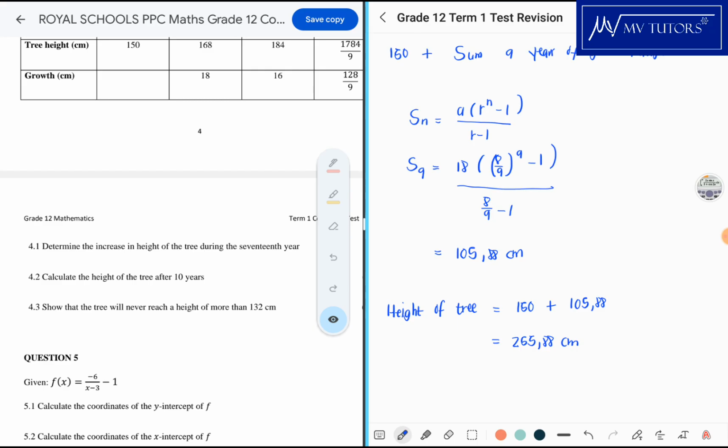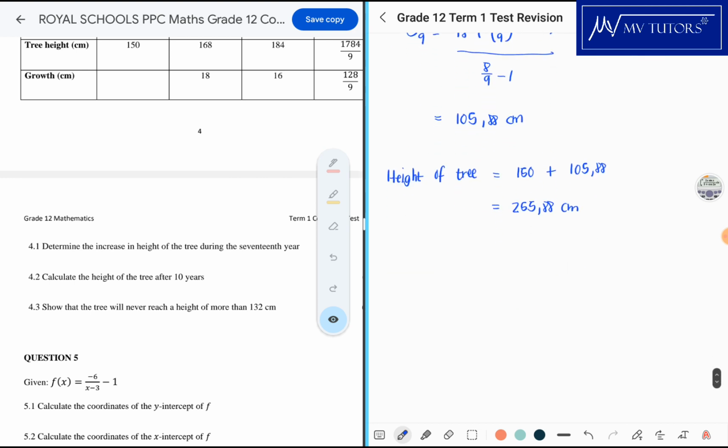As you can see, as the years go by, it's not growing that much anymore. And then now we get to 4.3. So it says show that the tree will never reach a height of more than 132 centimeters. Okay, where will we start?